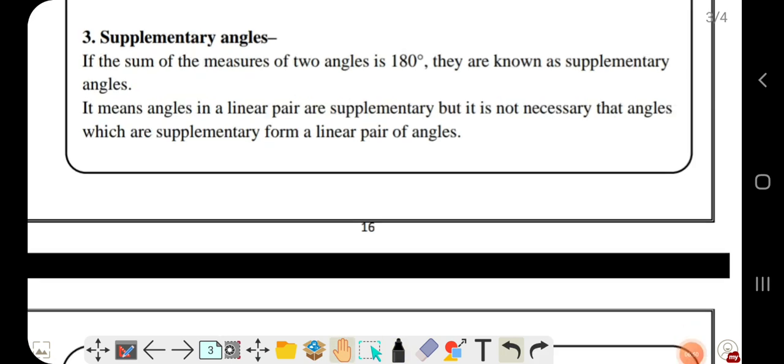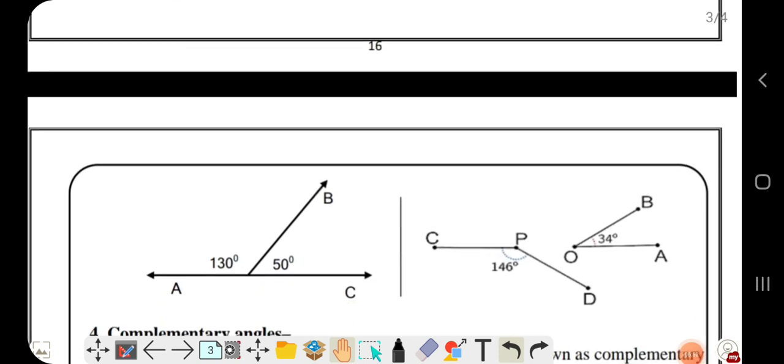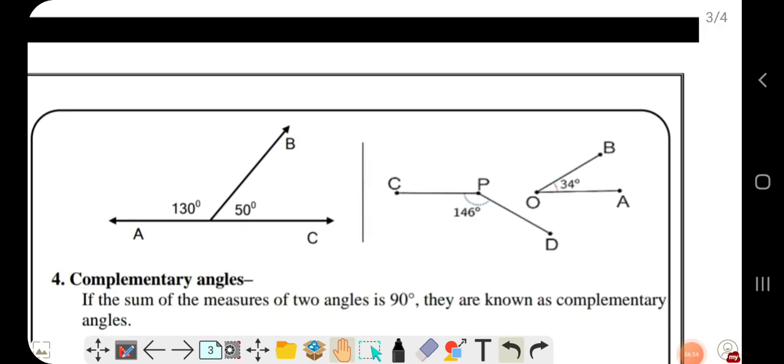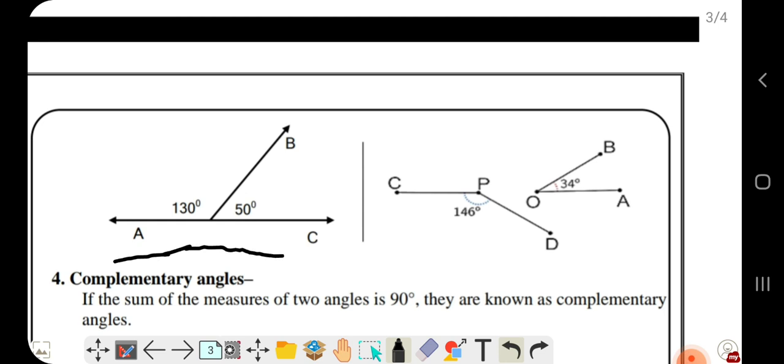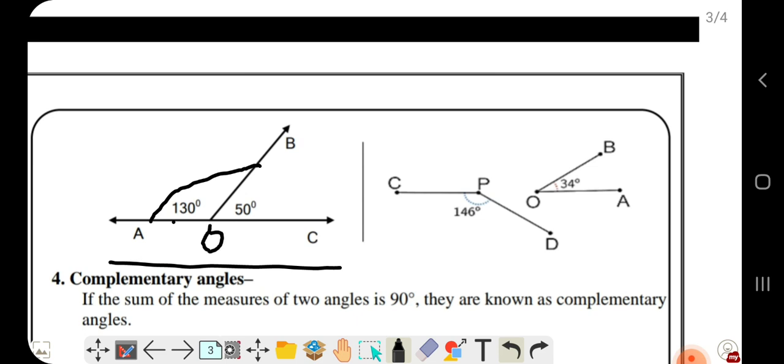To understand supplementary angles, we should see these two diagrams. In the first diagram, AC is a line on which there are two angles. We consider this point as O. Angle AOB is 130 and angle COB is 50.